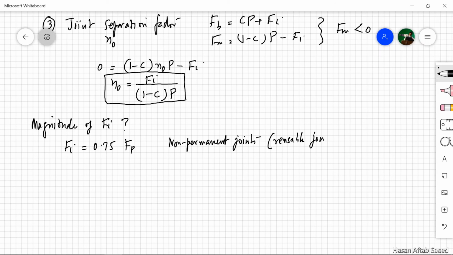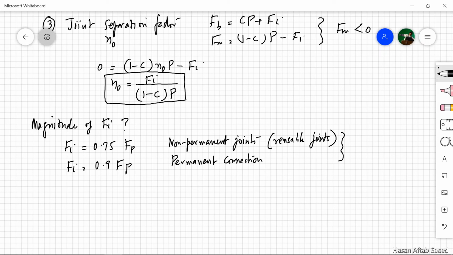If you are going to open and close them again and again, then you should load that bolt to 75% of its proof load. And if it's a permanent joint, you're not going to open it again and again. Once you close it, that's it. Then you can go up to 0.9. Obviously, we are not going up to 100% because recall P is going to be applied over and above this. So you cannot exceed at this stage the yield strength.